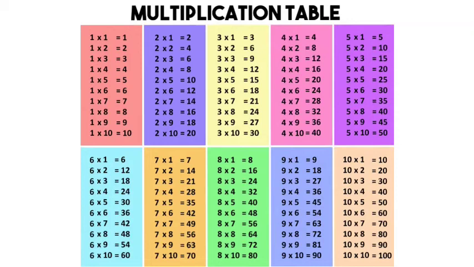Teacher, I will tell the 7 table. Okay, Abhi, tell me. 7 1s are 7, 7 2s are 14, 7 3s are 21, 7 4s are 28.